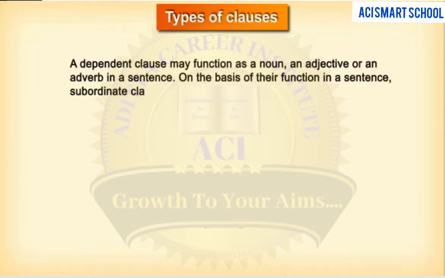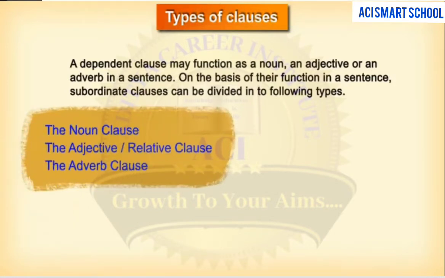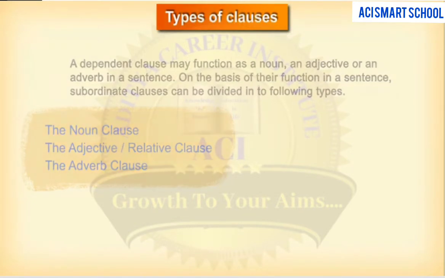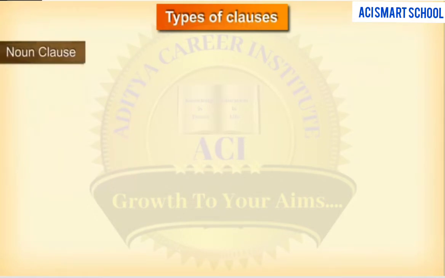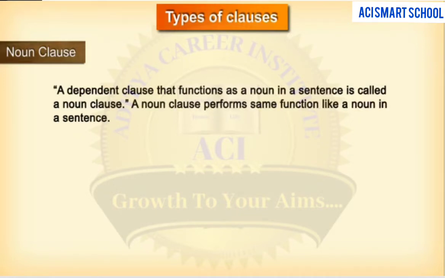On the basis of their function in a sentence, subordinate clauses can be divided into the following types: the noun clause, the adjective or relative clause, the adverb clause. Noun clause. A dependent clause that functions as a noun in a sentence is called a noun clause. A noun clause performs the same function as a noun in a sentence.